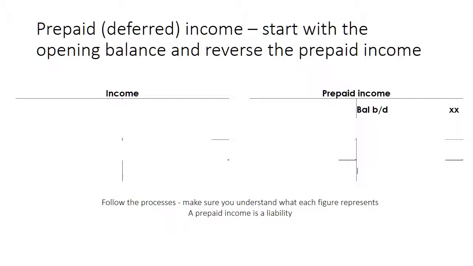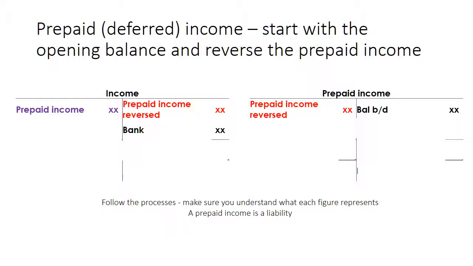So first thing we're going to do now is reverse the opening balance. So we'll debit prepaid income and credit income account. Next, we're going to deal with the income during the year, so credit income and debit bank.